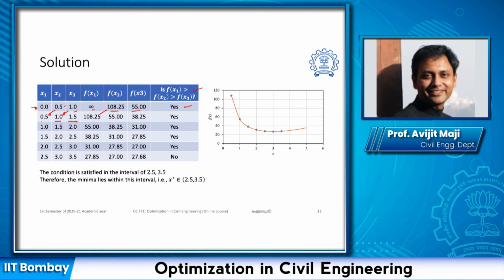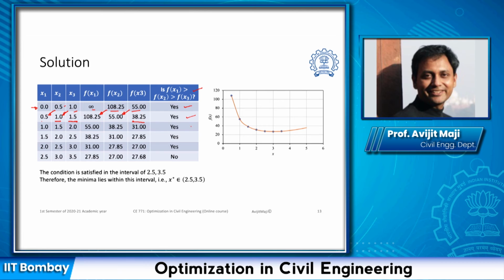So the function values are shifted here, so we need to find out the function value for x3, and this value is here. Again, the condition is satisfied, means my function value is reducing as we increase the x3 value, or as we progress towards the x3, and hence this is satisfied.